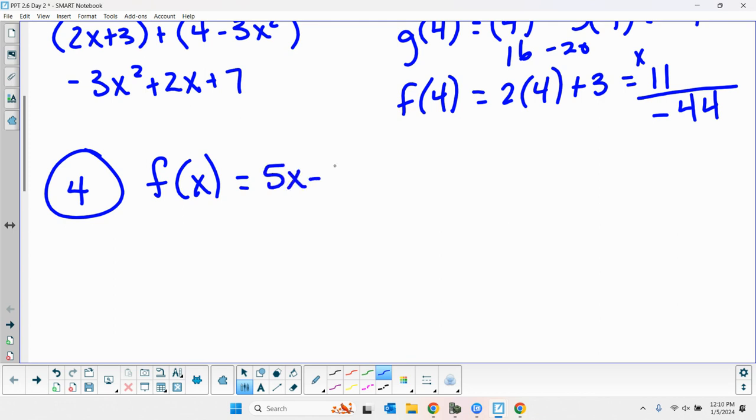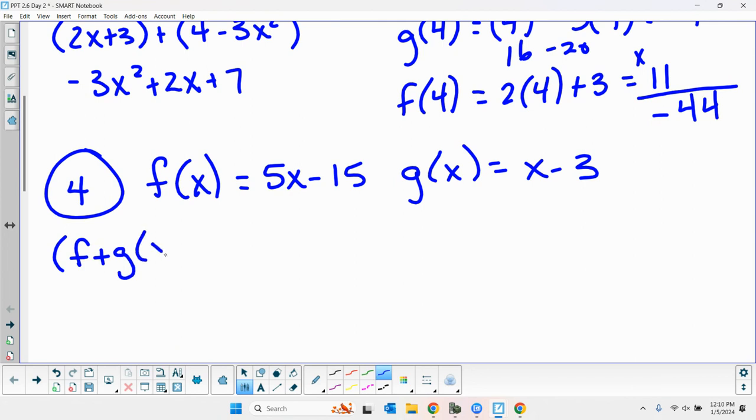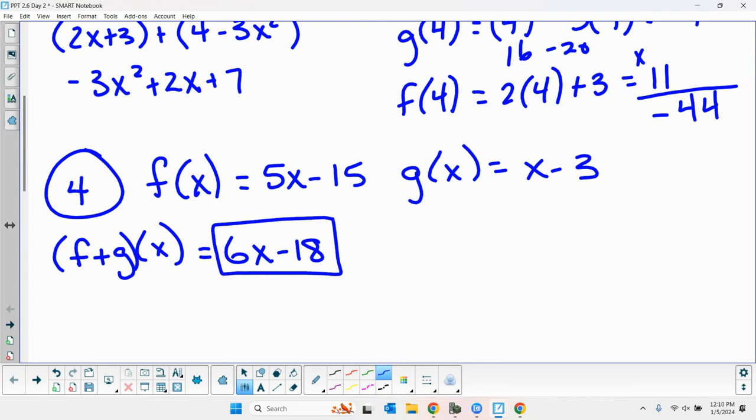And the g function was x minus 3. So you were supposed to, for number 4, add them. All right. So what is 5x plus 1x? 6x. What's negative 15 plus negative 3? Negative 18. That makes sense?